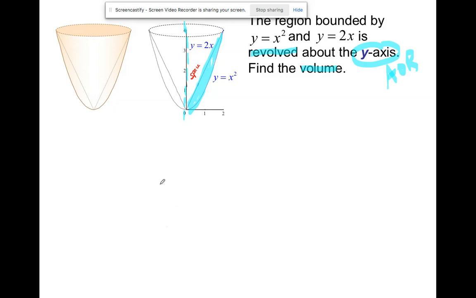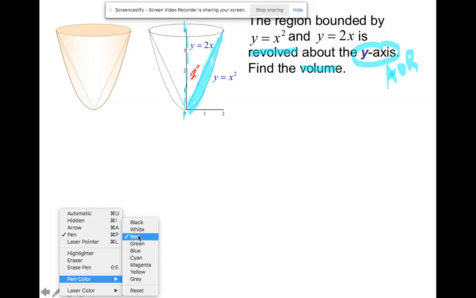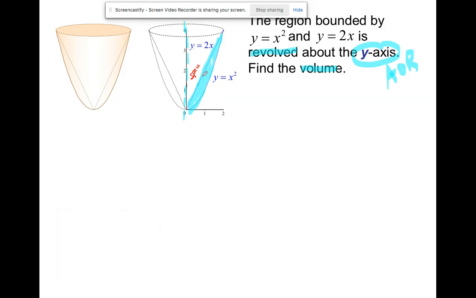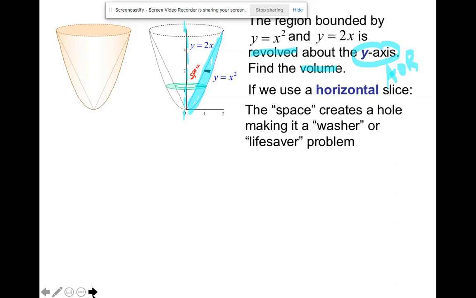I mean, they always kind of leave stuff on the side. That's kind of what this 3D shape looks like. I'm going to draw my strip that is perpendicular to the axis of rotation and spin it.